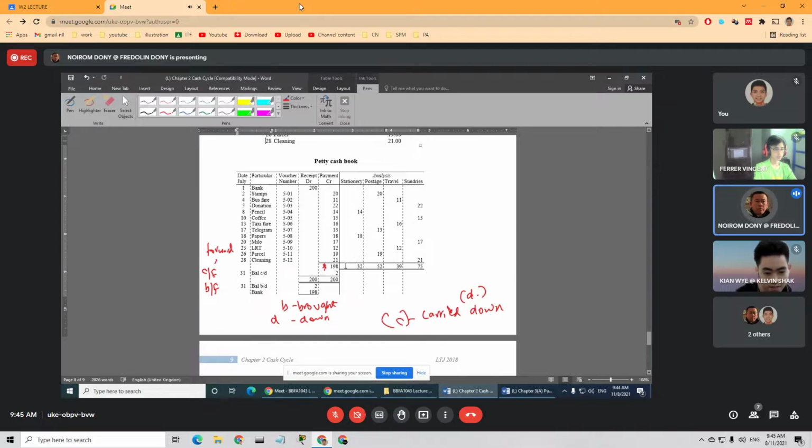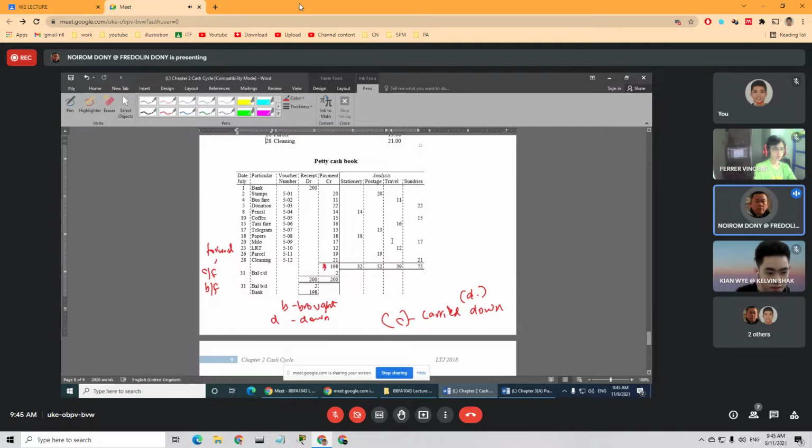So much more productive. Postage 52, travel 39, sundry 75. Otherwise, if you do the posting one by one, you will have 1, 2, 3, up to 12 postings instead of 4 postings only. So that is to simplify.